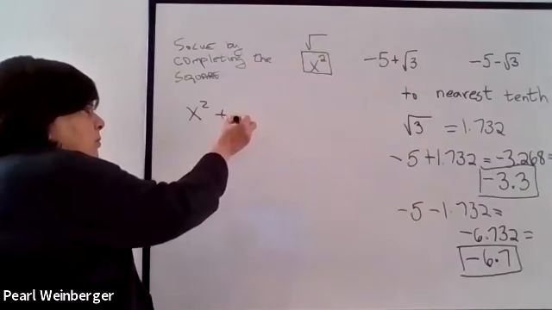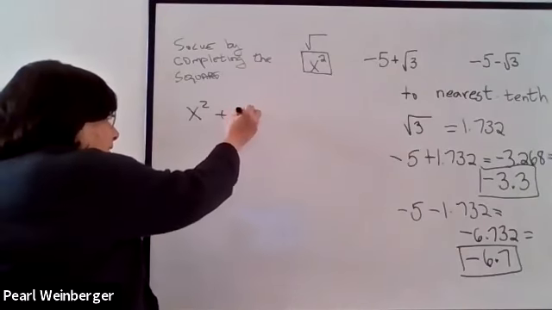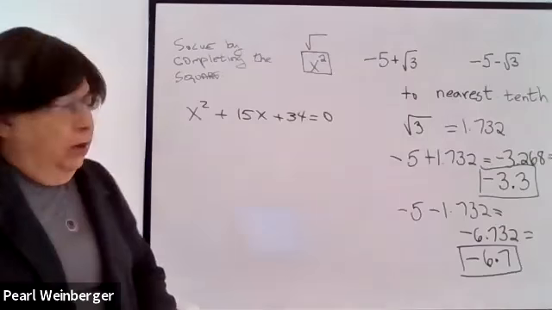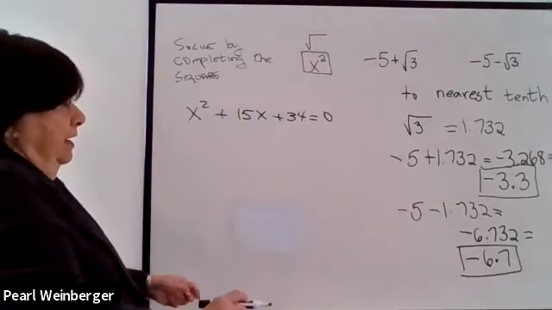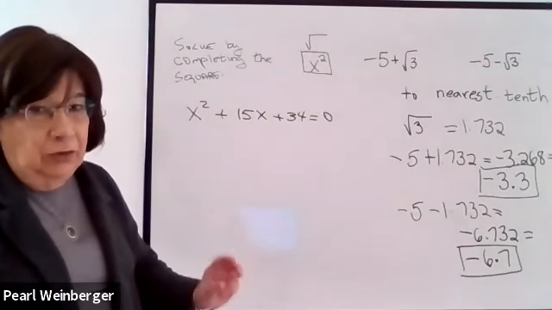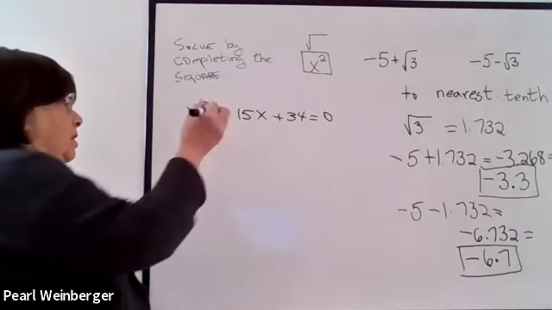Okay, so it's x squared plus 15x plus 34 equals 0. And then it says, which number would you have to add to complete the square? Okay, and you're going to see why I don't suggest using this method on this question. I'm going to discuss it.